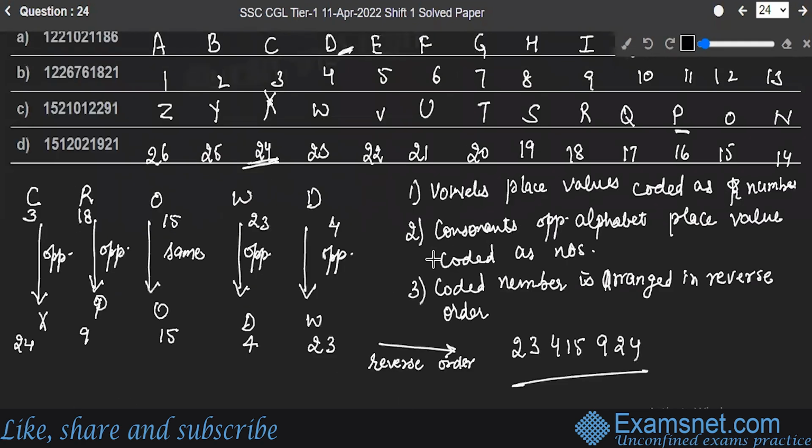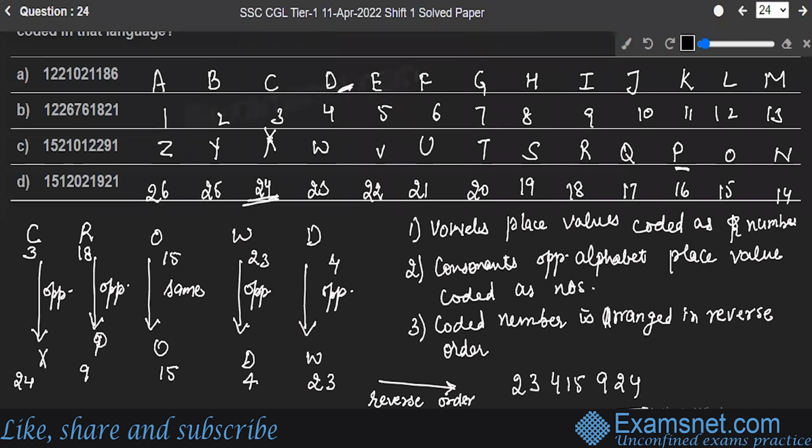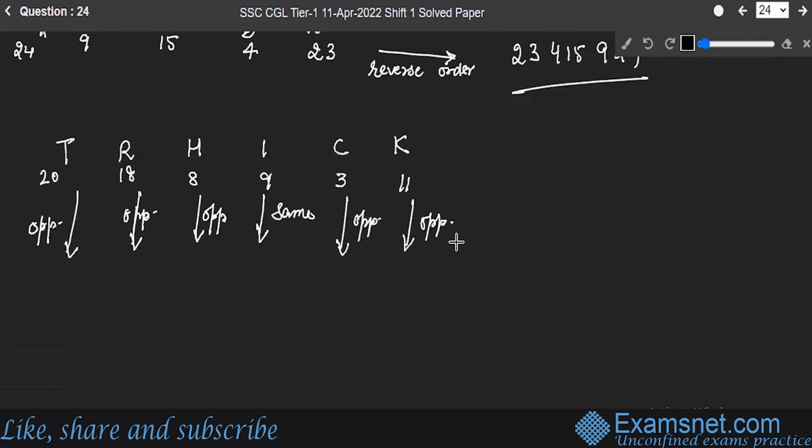So the opposite of T is G. G's position is number 7. Then the opposite of R is I, which is at position 9. Then I is a vowel, so I will take it as it is, at 9th position again. C has the opposite alphabet X and K has the opposite alphabet P. This is at 24 and this is at 16.